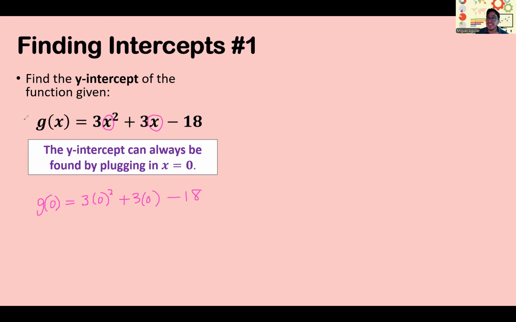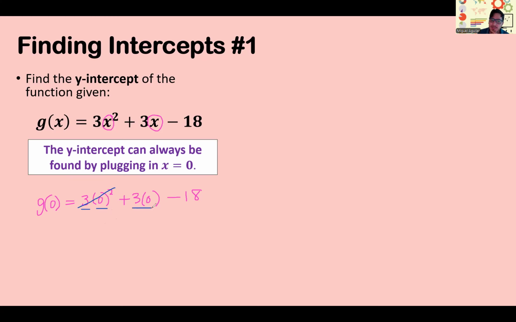But the reason I think it's kind of fun to find the y-intercepts is because if it's in standard form, what's 0 squared? Yeah, it's just 0. And what's 0 times 3? So that cancels out.